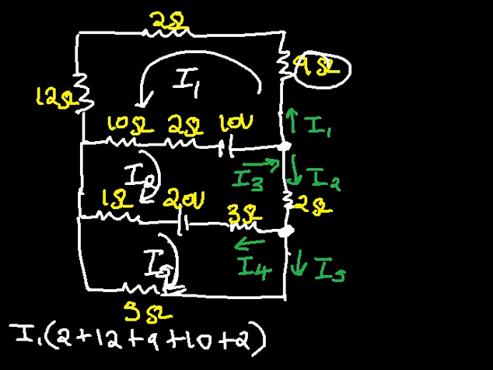They need to be summed, and that gives 2 plus 12 plus 9 plus 10 plus 2, which is 35. Of course, then minus... out of these resistors found in loop 1, do we have any resistor or resistors that are being traversed by another current in the other loop?